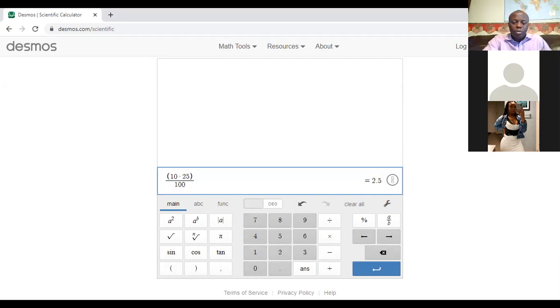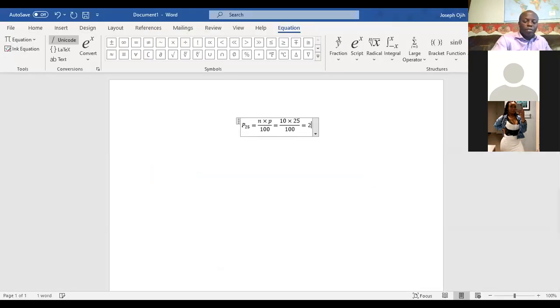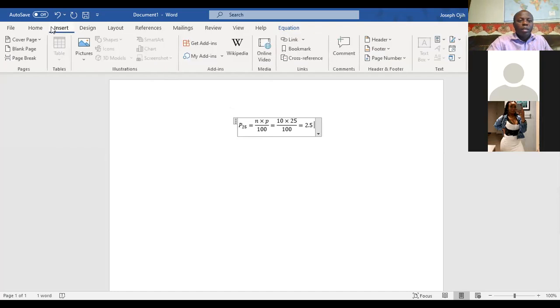Okay. So I'll take it back. 2.5 is 2.5. Which points to the next number. I'm going to point to the next number, which is, okay, I can see it here.